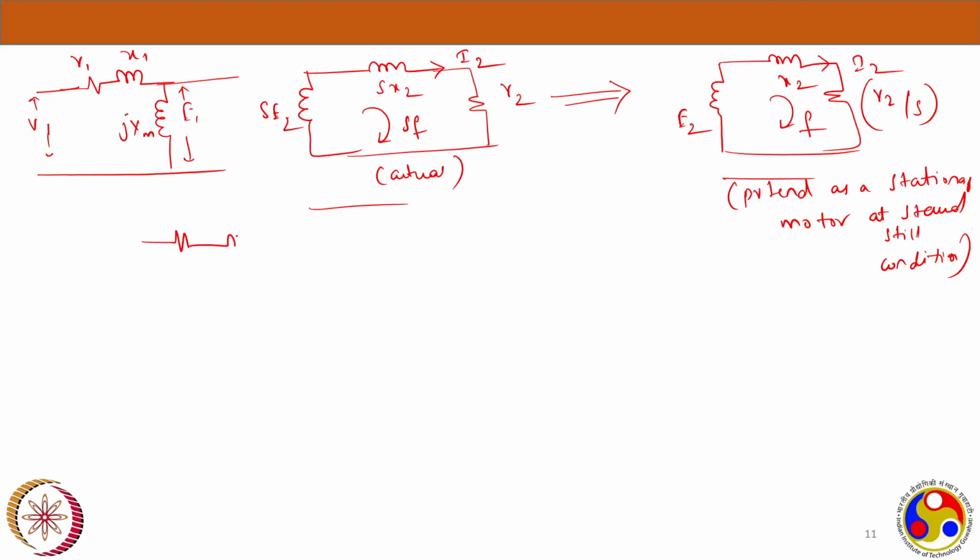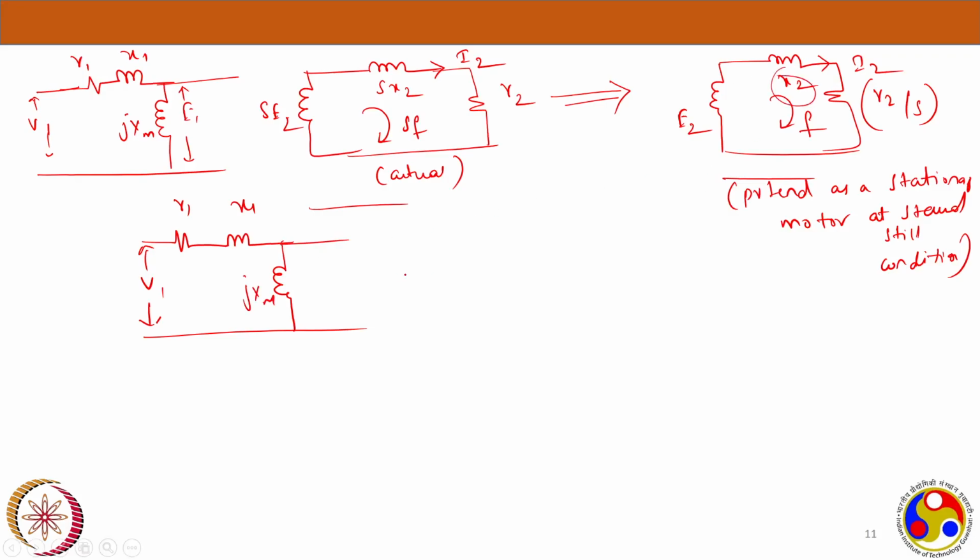On the stator side I am joining: this is V1, R1, and X1, jXm. And now I'm joining these two.